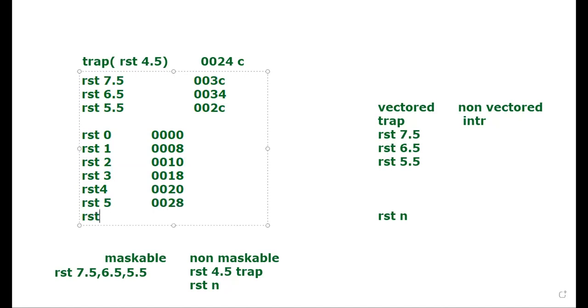RST 6 is 0030. It's very easy to remember if you don't know how to convert it. RST 7 will be 0038. See: 0, 8, 10, 18, 20, 28, 30, 38. So these are the vector addresses of your software interrupts. So this question or this topic you have to do properly.